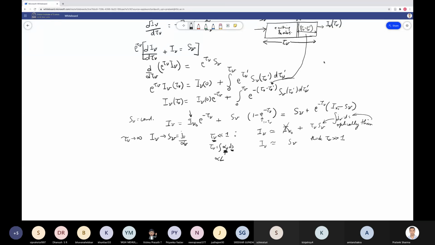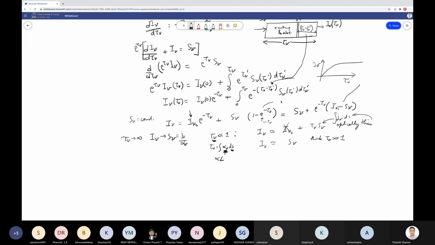In other words, if you make a graph of I nu as a function of tau nu, for small tau nu, I nu is proportional to tau nu S nu. So it's linear with the slope S nu. For large tau nu, it asymptotes.